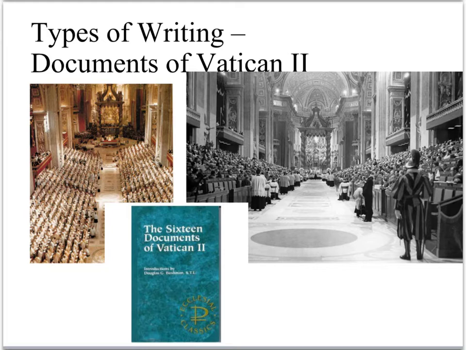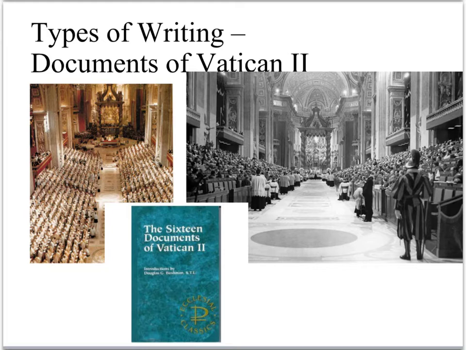The Second Vatican Council started in 1962. The latest church council before that was the First Vatican Council in 1870, and the latest church council before that was the Council of Trent, which started in 1545. So, we don't have these, like I said, every other weekend. It's a pretty big deal.